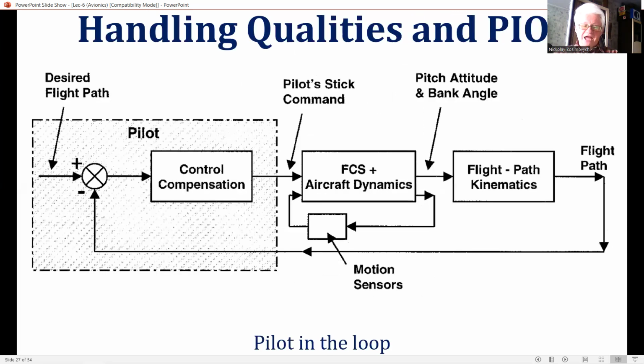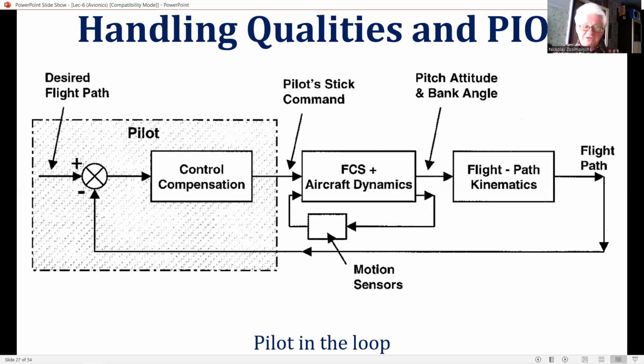The control of the aircraft's flight path by the pilot can be represented as a closed loop process as shown in the block diagram on this graph. The pilot is an integral part of the outer loop, in series with an inner loop comprising the FCS and aircraft dynamics. The pilot controls the pitch attitude and bank angle through the FCS so as to change the magnitude and spatial direction of the lift force vector.